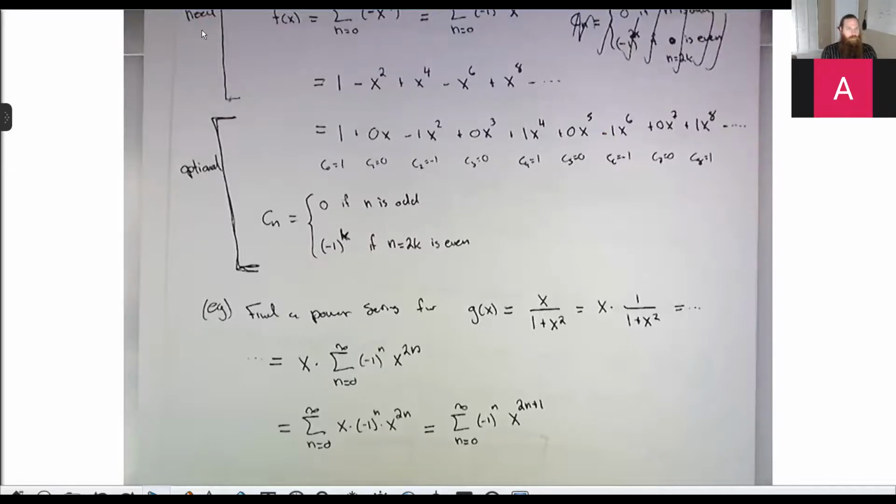Minus x to 18. Plus x to 20. Minus x to 22. Plus x to 24. Minus x to 26. All right. So here's the alternating series for 1 over 1 plus x squared all the way out to x to the 26.